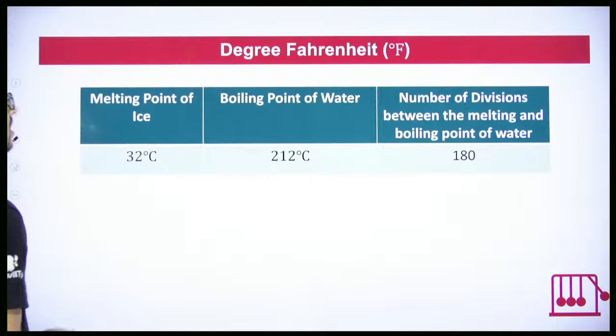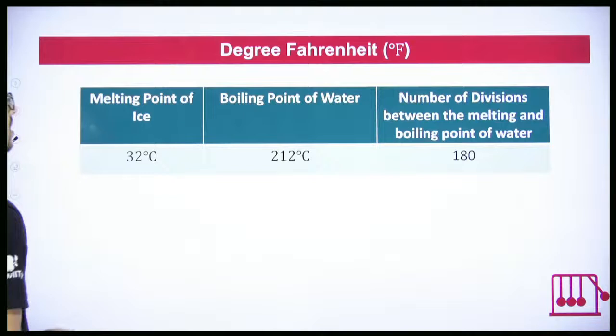According to Fahrenheit, what did he do? He took the temperature of the melting point of ice as 32 degree Fahrenheit. I told you, it's up to us, so it was up to Fahrenheit. He took the boiling point as 212. And how many parts is it equally divided into?